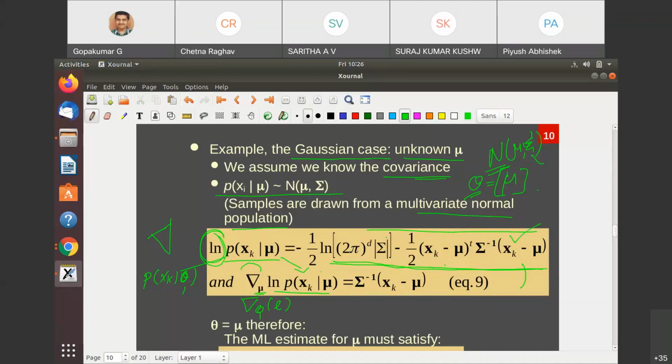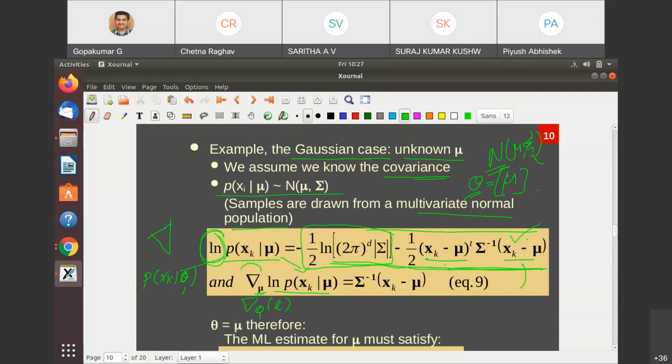If you look into this particular term, the mean value does not come in, so mu is not there, and that will become zero. Here you have to apply the partial derivative. After some rearrangement, you can put xk minus mu into xk minus mu, so you get xk minus mu the whole square.